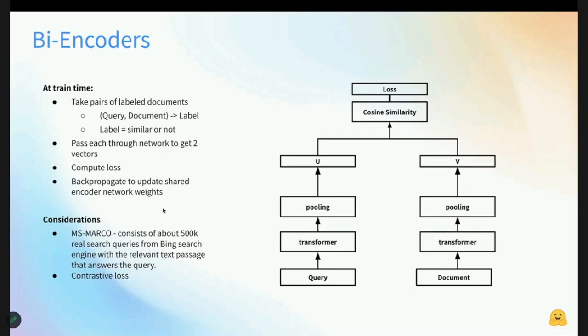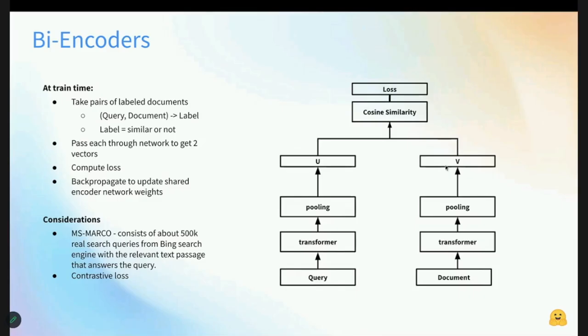And so basically to train this model, for each of these labeled examples, you pass the query and the document through. At the beginning of training, you're going to get these vectors out. Let's say we take a query and a document that are intended to go together. The document does satisfy the query. It's a ground truth label of 1. Early on in training, we're going to put it through the transformer and pooling.